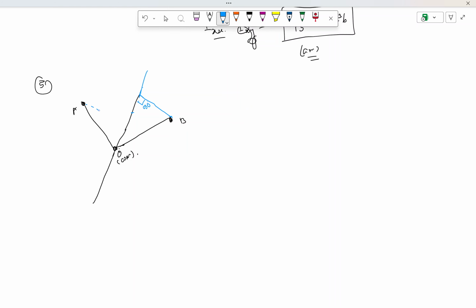So for simplicity, this is the end point and this is the end point.